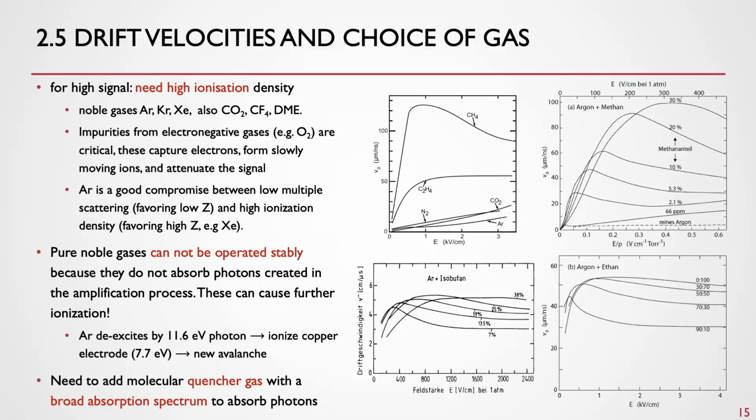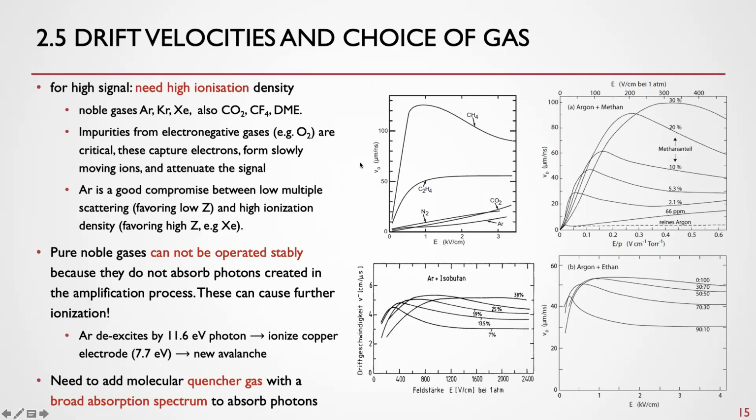Let's look at something else, drift velocities and the gas choices. We had just discussed the 2 centimeter cylindrical detector. Gas detectors can be much longer, and one can exploit that the drift velocity of electrons and ions is under good control for good timing measurements.